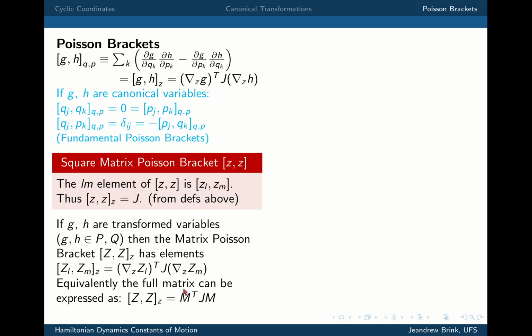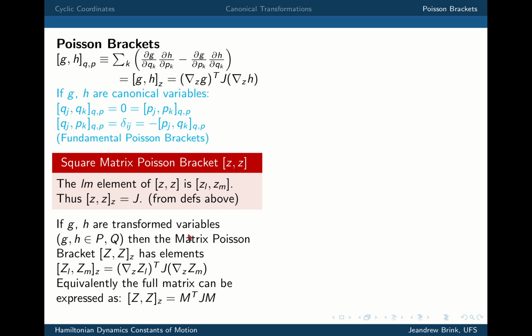So what we now have is, for our transformed variables, that the Poisson bracket of the new variables, z comma z, the square one, basically summarizing everything we have, is simply M transpose J M. Familiar? And so I've not yet said anything about the transformation. I simply used the variables.